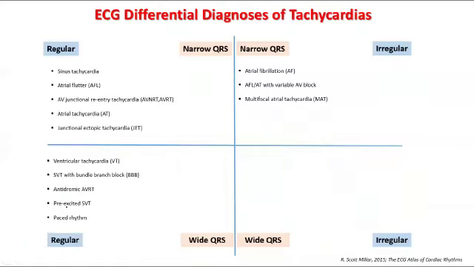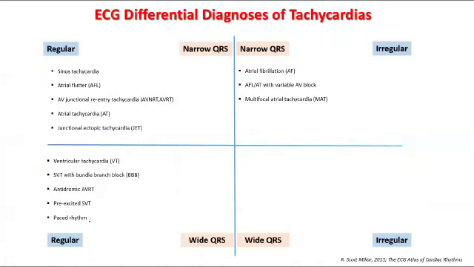Or we can have a pre-excited SVT where you have, let's say, an atrial tachycardia with a bystander accessory pathway. So you are not getting a reentrant tachycardia per se, but because you have a bystander accessory pathway, when that atrial tachycardia starts, it may conduct down the accessory pathway and therefore pre-excite the ventricles.